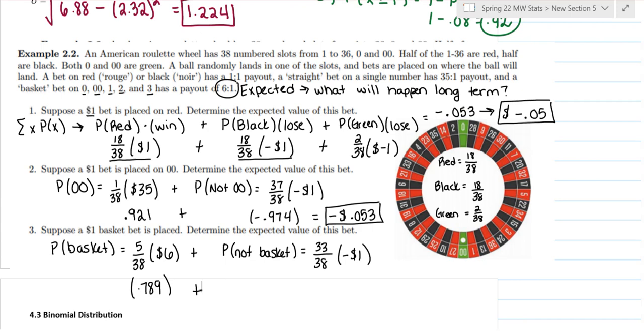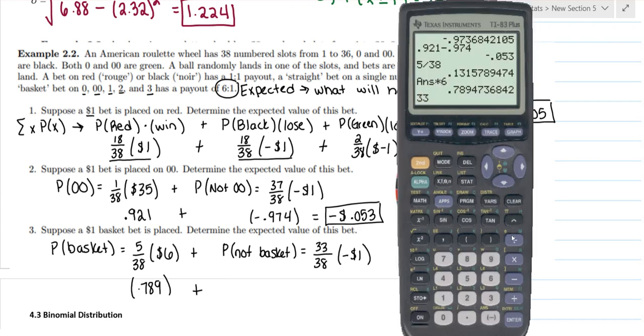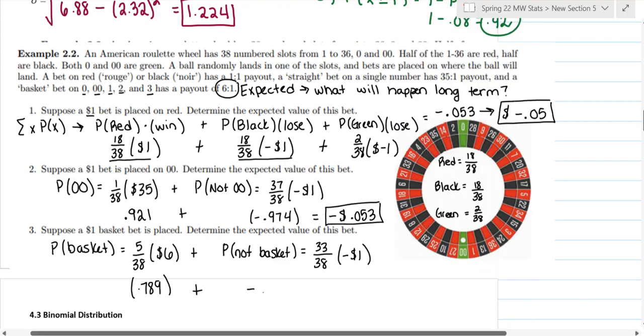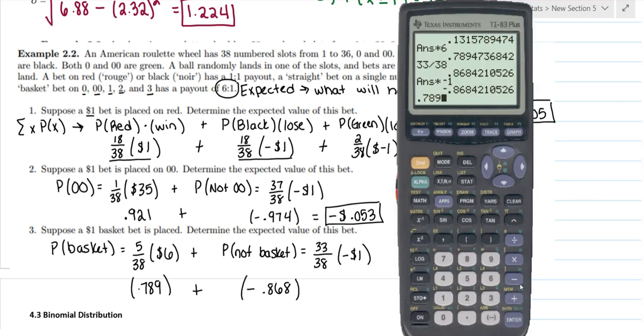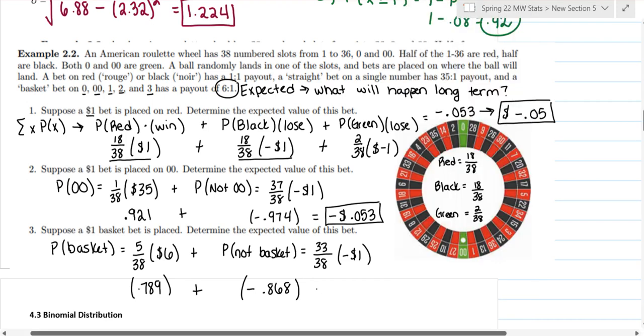Plus 33 out of 38 times -1 is negative 0.868. Okay, so 0.789 minus 0.868 is negative 0.079. So I'm coming out about 8 cents behind for my expected value there.